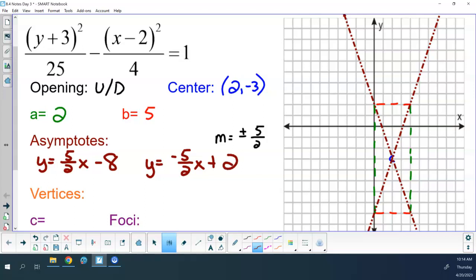Why is that easy, T-Swizzle? Because one side of your box is on the y-axis. So that means that since we're going corner to corner, those 2 corners are your 2 y-intercepts.